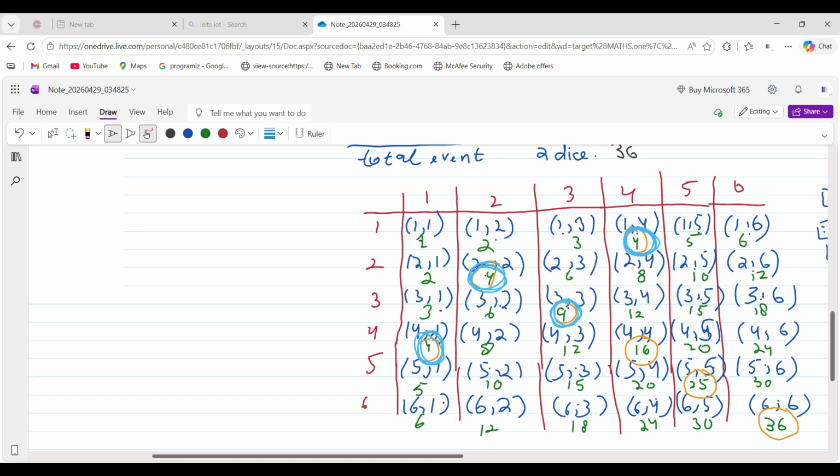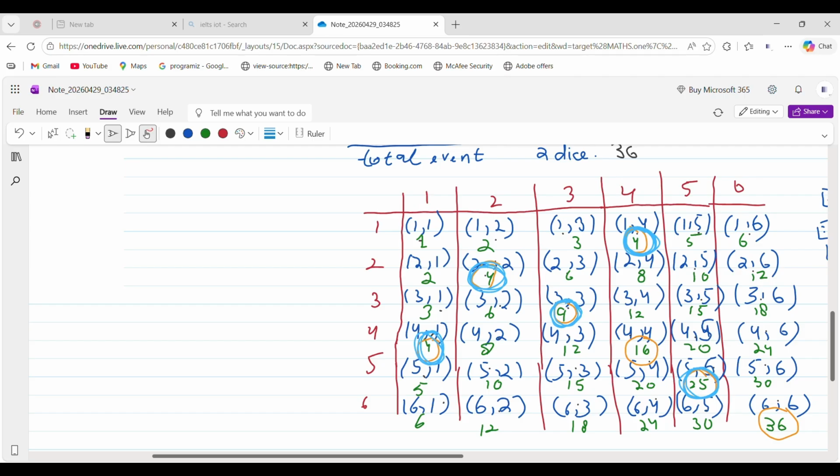Yes. 16 is the perfect square of 4, since 4 fours are 16, but 4 is not a prime number, not at all. And 25 is the square of 5 and 5 is a prime number. 36 is the square of 6 but 6 is not a prime number.